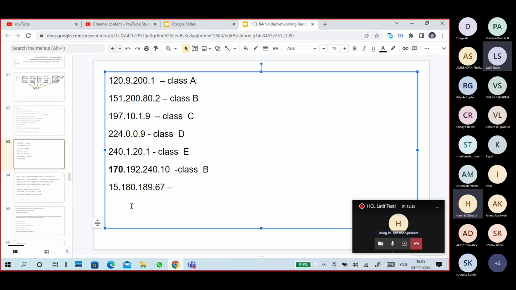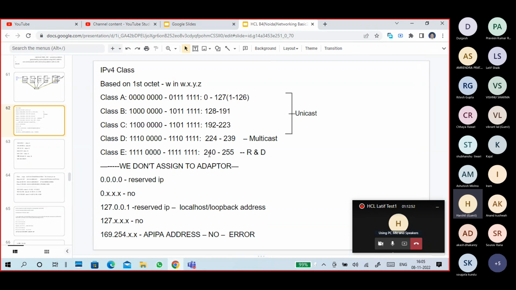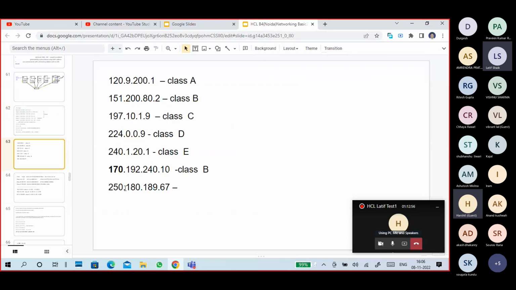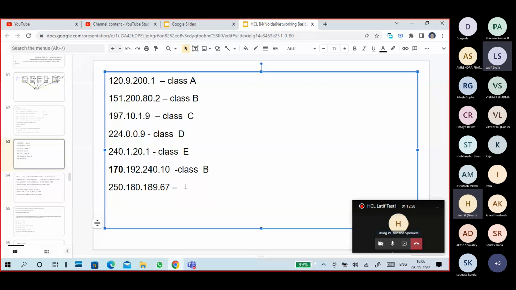Just for our understanding only: 150 is valid, 250 is valid, but we don't use it. As an IP address, it is valid. 150 means it is class B, 250 is class E. But still it is a kind of IP address. We cannot use it, but still it is an IP address.